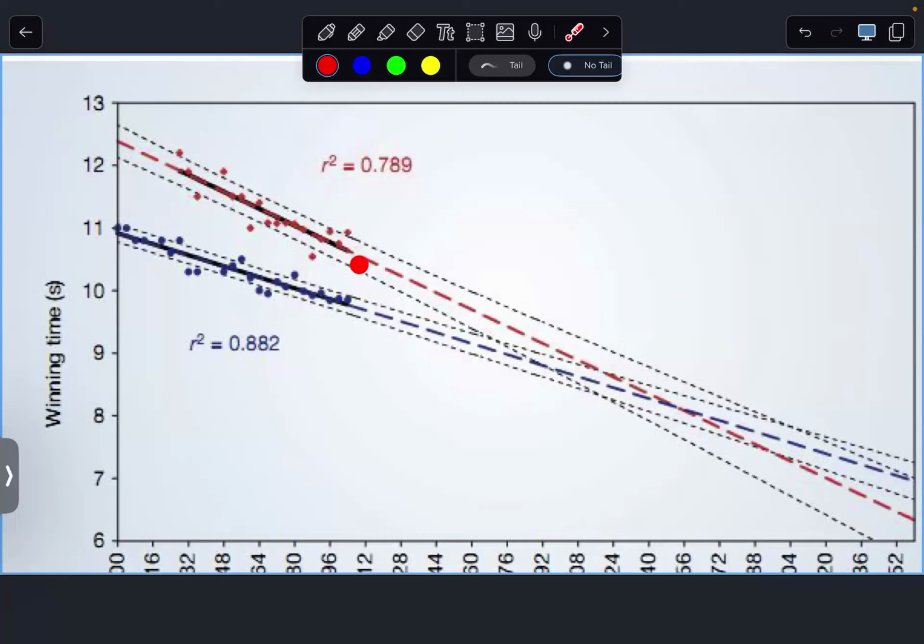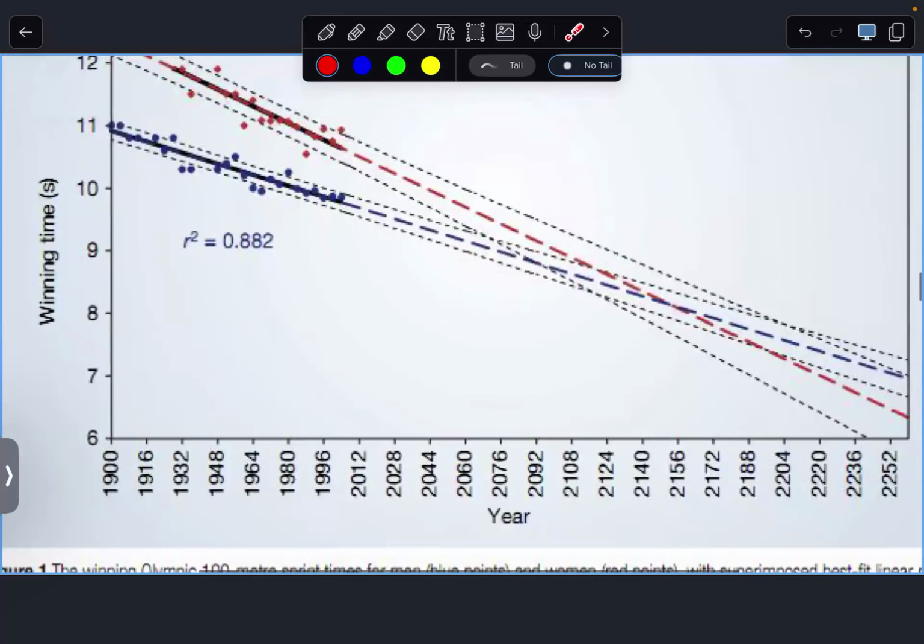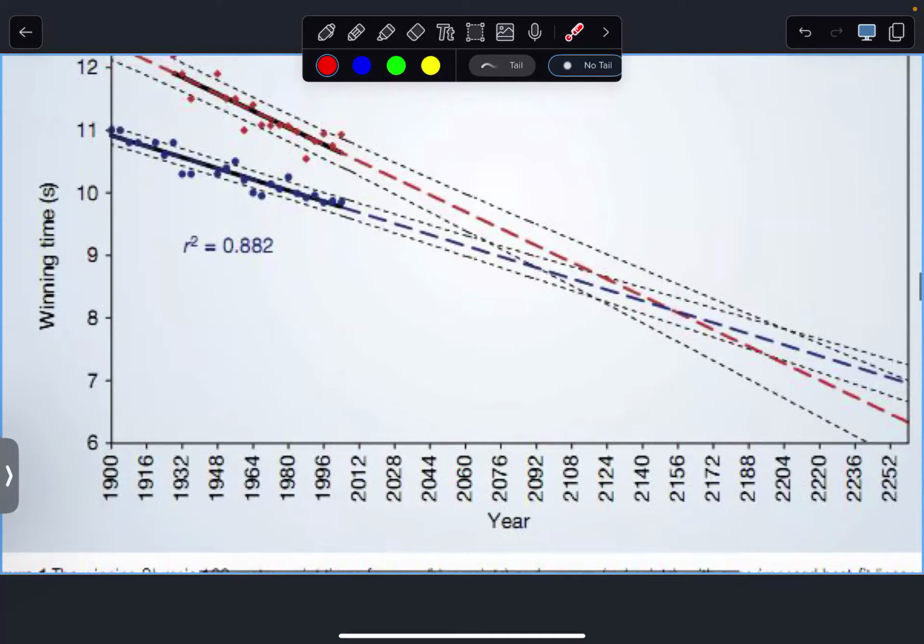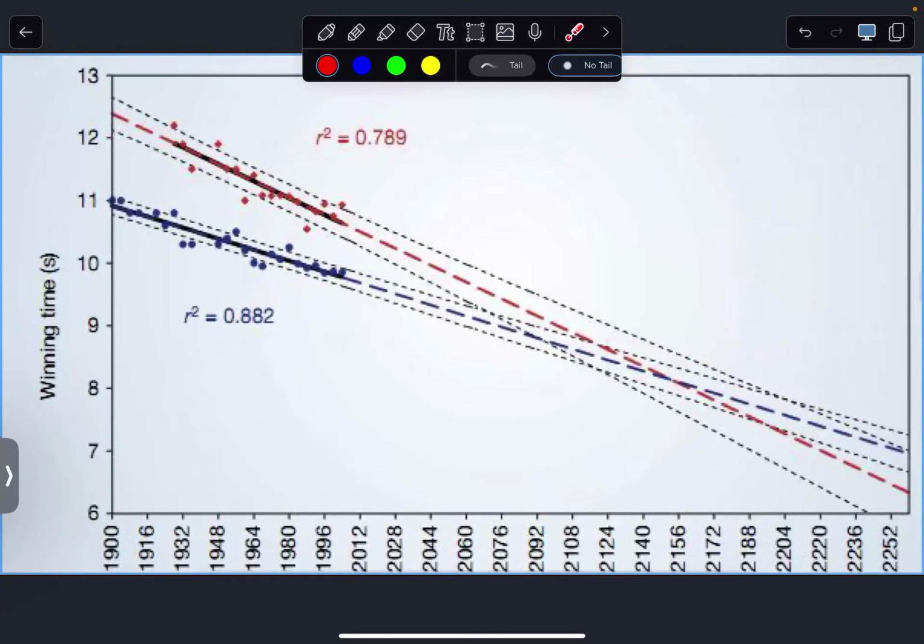Doesn't matter. So here, what have they done? We only have data from the 1900s up to about 2012, let's say. So here we have this strong negative linear relationship, and we've got this very useful line, but only for years in this range.